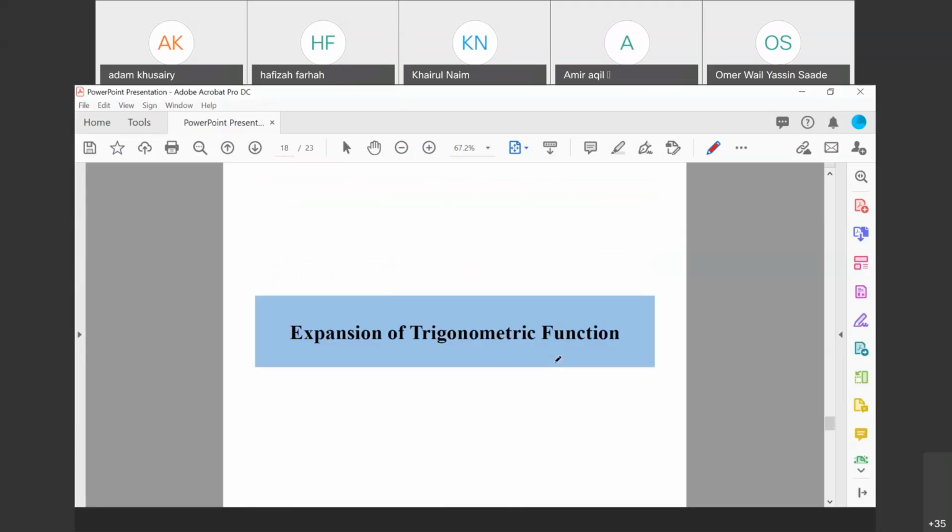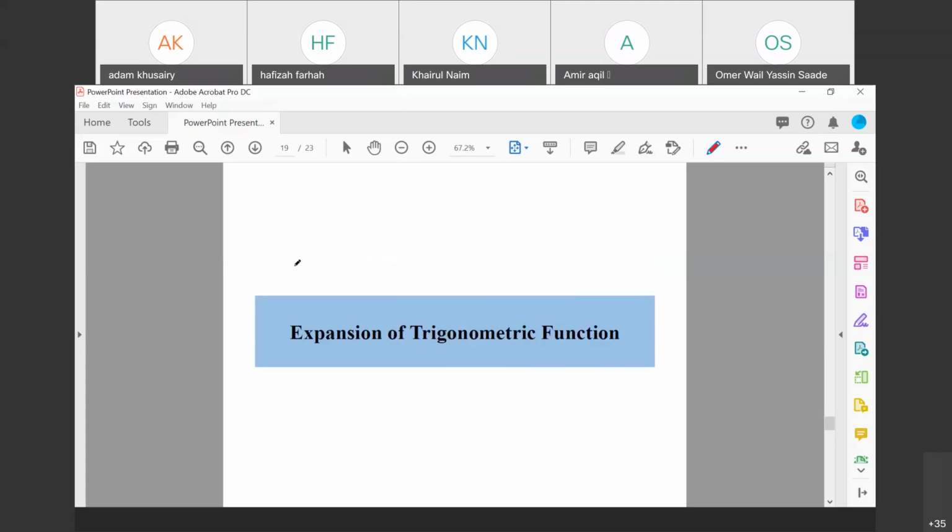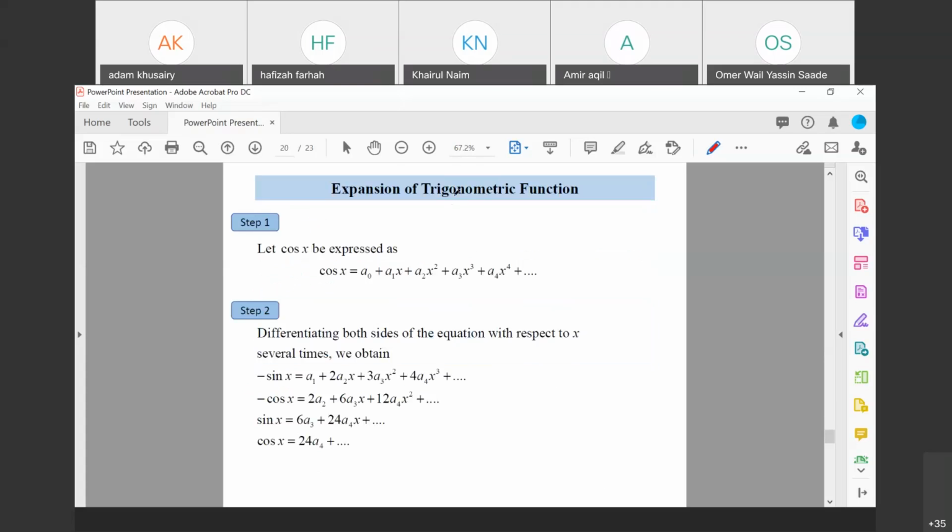Okay, now we go through to the last function, which is trigonometry. So let's say we want to find the expansion of cos x. So cos x will be expressed in terms of power series, and then we differentiate both sides. We get negative sin x equals to this, and then we differentiate negative sin x, we have negative cos x, and so on.